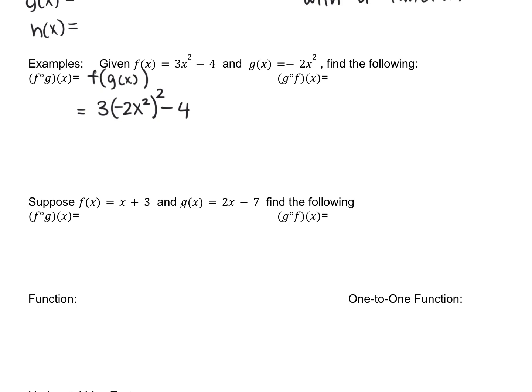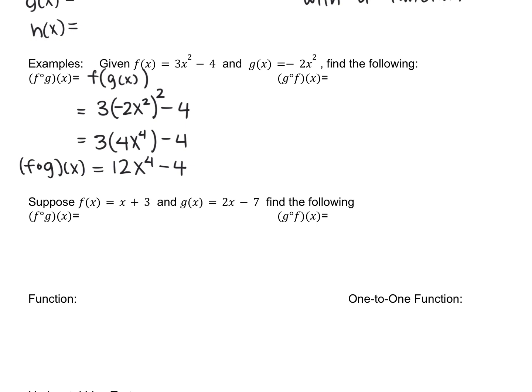So when I square negative 2x squared, negative 2 squared is positive 4. X squared squared is x to the 4th, then minus 4. And then lastly, 3 times 4x to the 4th gives us 12x to the 4th minus 4. And there's nothing else I can do to simplify that, so that is my answer.